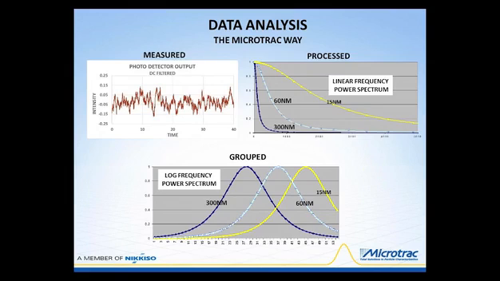Now, an important part of our analysis takes this processed noise data, processed into a power spectrum, and groups the channels, which are linear in the top graph, into channels that have a logarithmic progression. The simple way of looking at it is that in the top graph, each one of those frequency buckets is the same size.